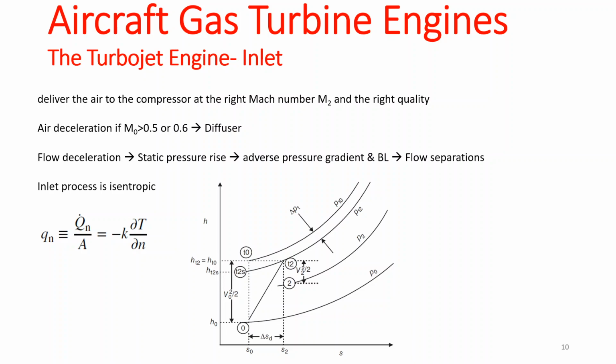From the ambient to the compressor. So we are including the ambient to the inlet of the inlet in our analysis as well. Your ideal case would be to go from 0 to 2s, the isentropic case, right?